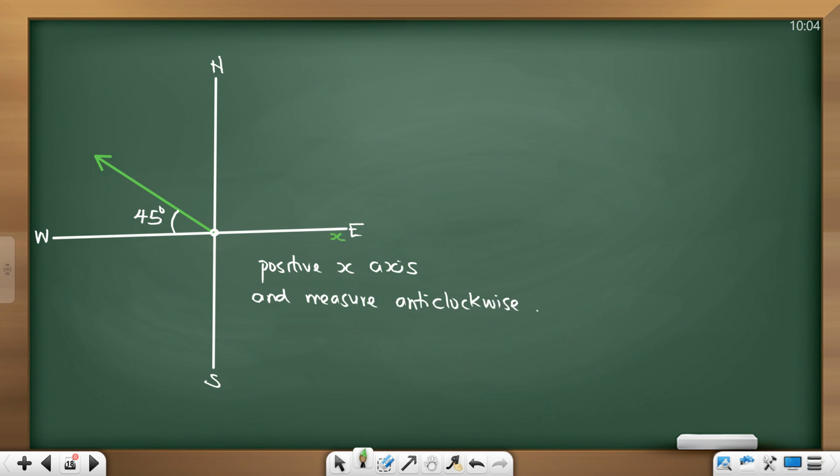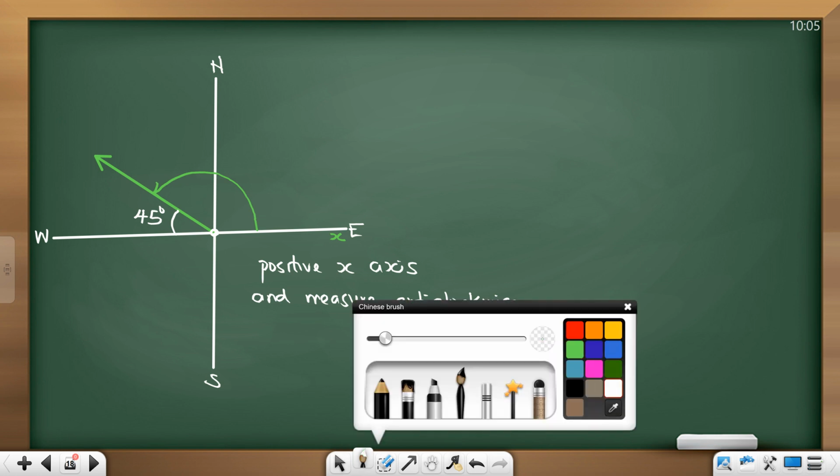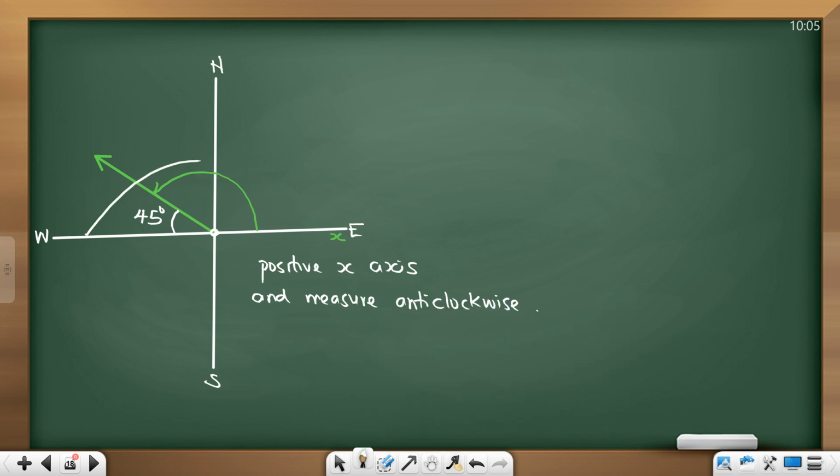Here. Let's measure anti-clockwise, means we are going left. Does that make sense to you? Yes. But we know that this entire angle is what? 180. But I know that part as 45. So how do we get that other angle?